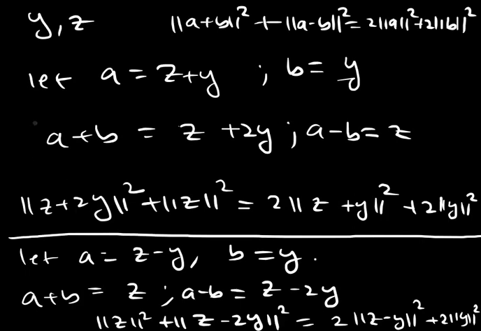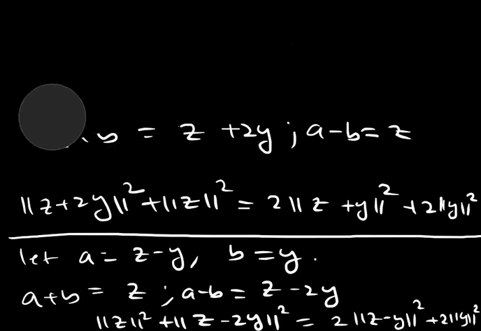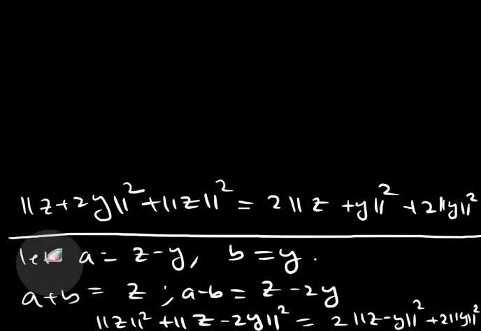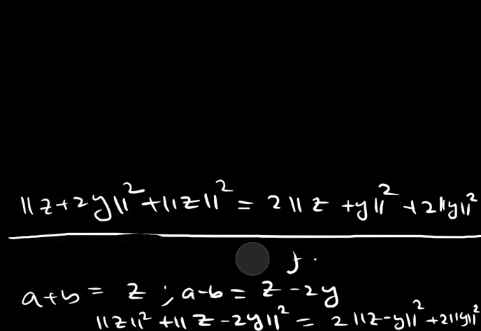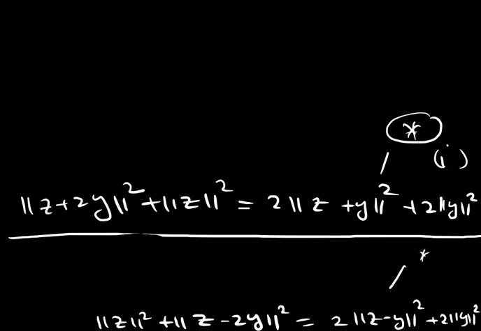Then what do we have? We'll subtract these two things. So this is true for all y and z. Let's call this equation 1 and this equation 2.